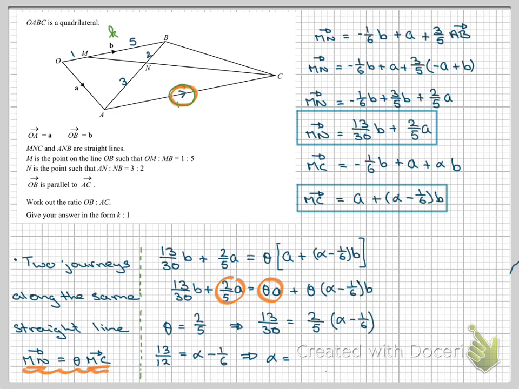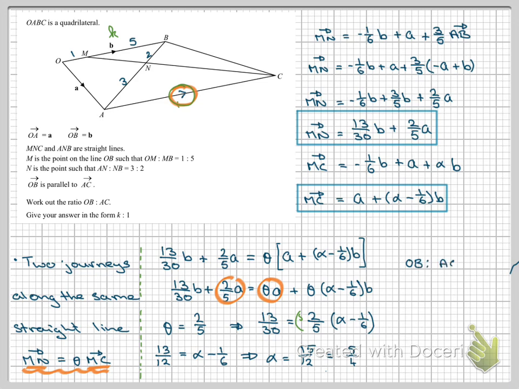All I've done here, by the way, is multiply both sides by 5 over 2. So that times 5 over 2 just goes to 1 in that case, and then I've times this by 5 over 2, okay? And from there, I get that alpha is going to equal 15 over 12, so 5 over 4.